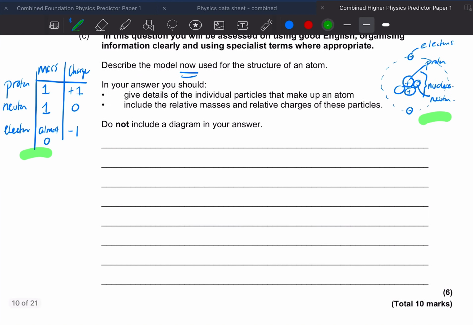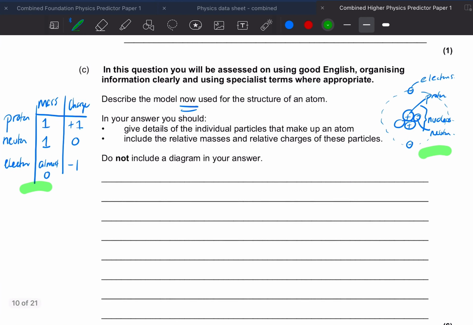We're just going to write it in words basically for 6 marks. So let's start with the structure. What should we start with first? I'm writing in green. We say the current model of the atom contains 3 subatomic particles.